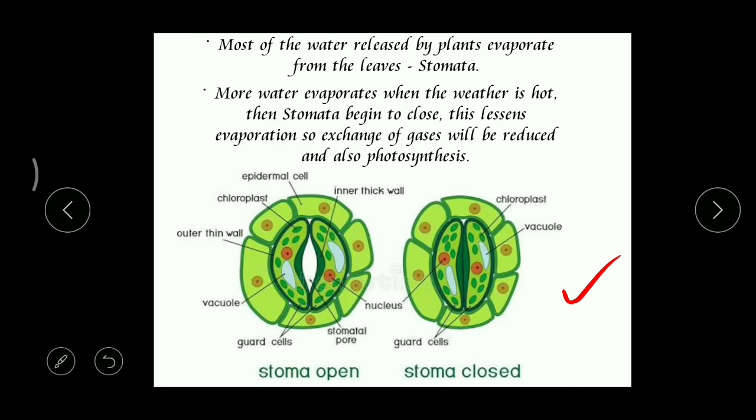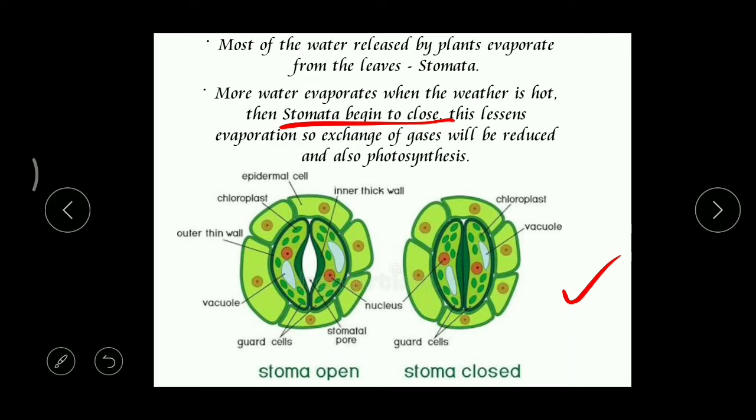When the weather is hot, the rate of transpiration increases, so the plant has to remove more and more water. In order to avoid this, the stomata begin to close. Then automatically the rate of transpiration will be decreased.